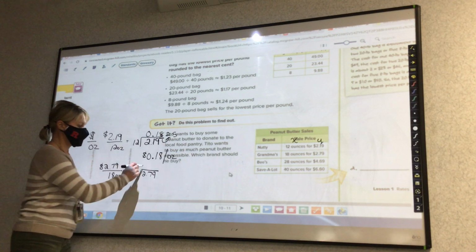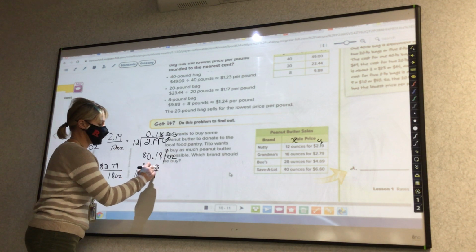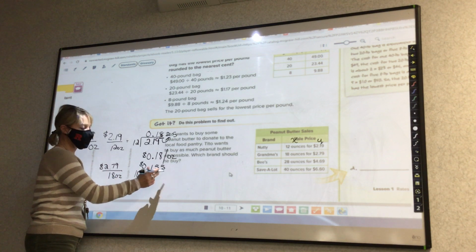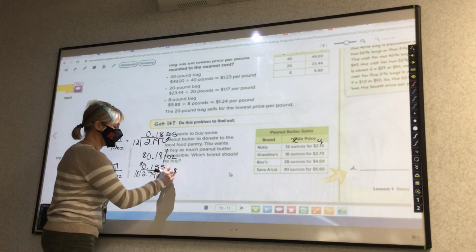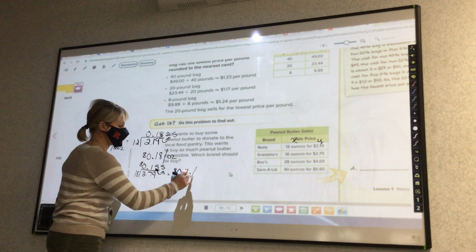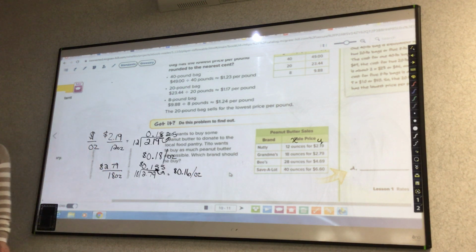Go ahead, Chance. 0.155. Again, we can't go out to the thousands, so we underline the hundreds. Arrow to the right, and it would be 0.16. So it's 16 cents per ounce. So who is cheaper so far? Nutty or Grandma's? Grandma's is cheaper.